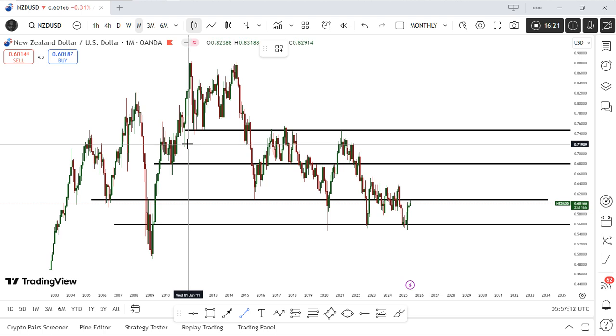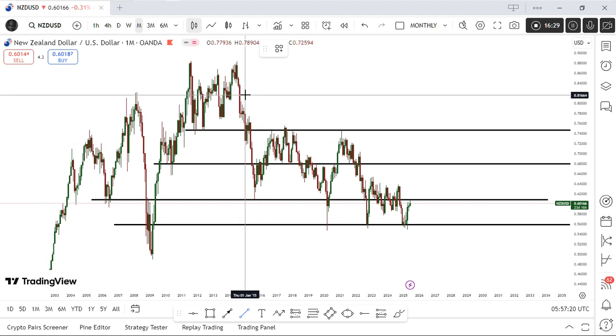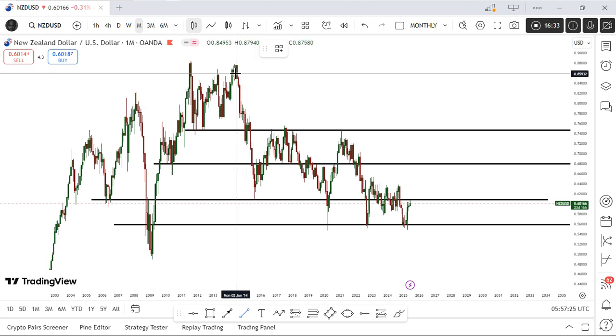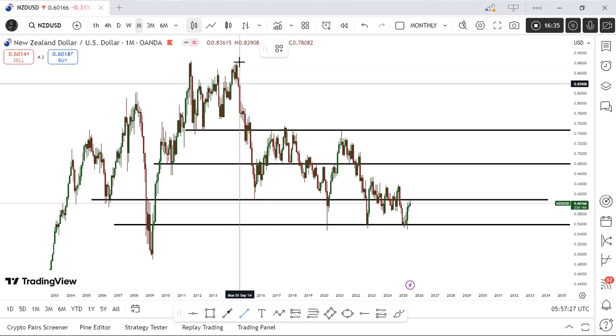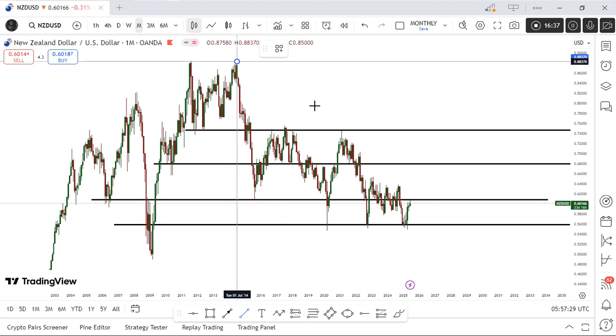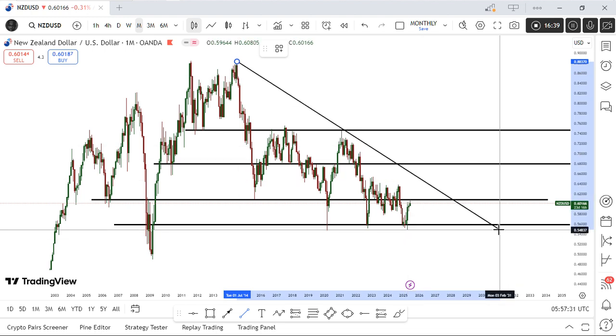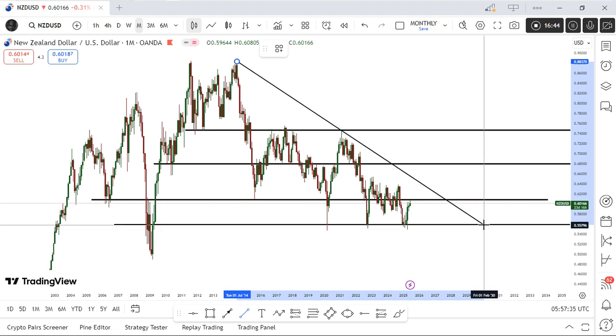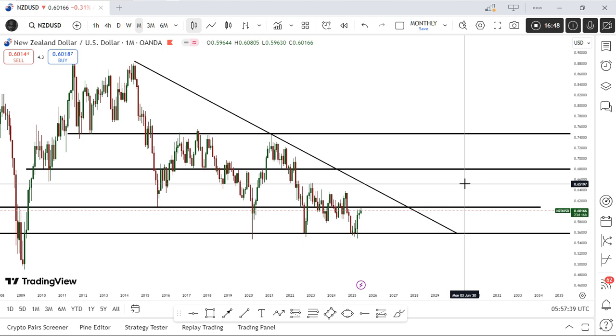It's just going up, going down, going down, like a swipe. So we're going to be using the trend line to get the current flow of the river, and we're going to be picking it from the top here to the downside. And we could see that the NZD dollar is still trading below this line. That's an outer line.